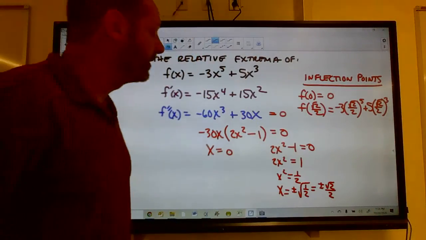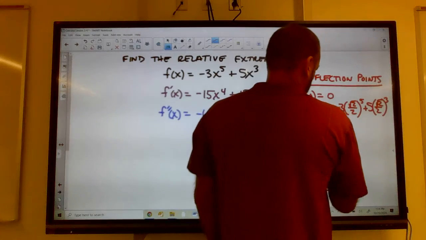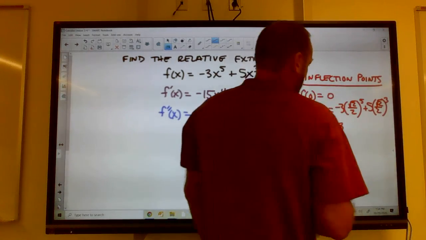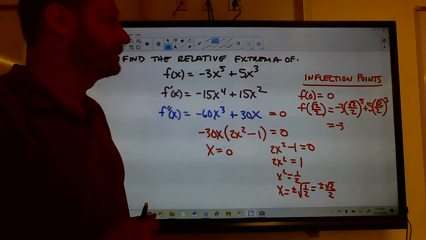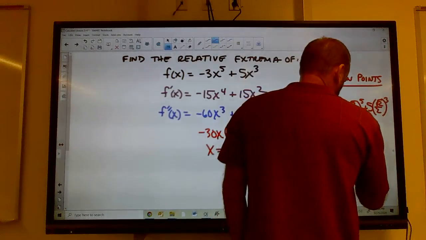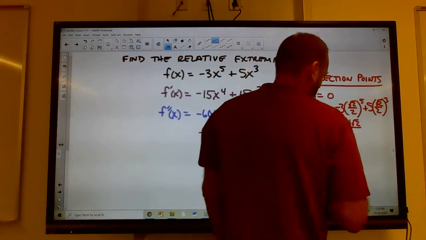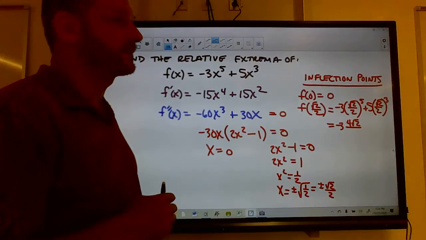Wow. Okay. So let's see. Square root of 2 to the 5th power is going to be 2 times 2 is 4 square root of 2 in the numerator. And the denominator, 2 to the 5th power, 2, 4, 8, 16, 32.